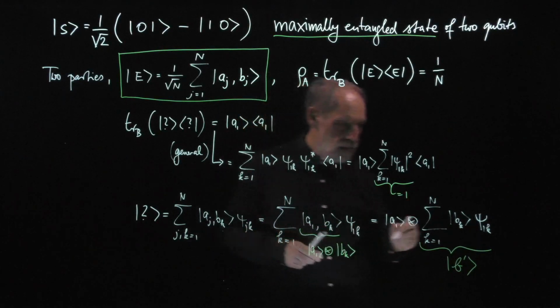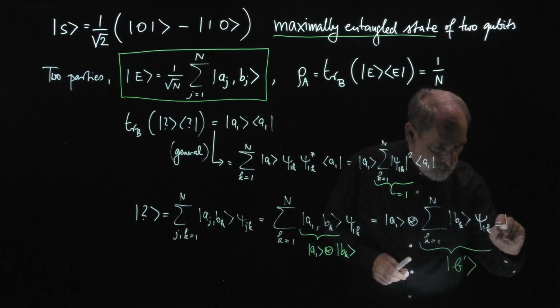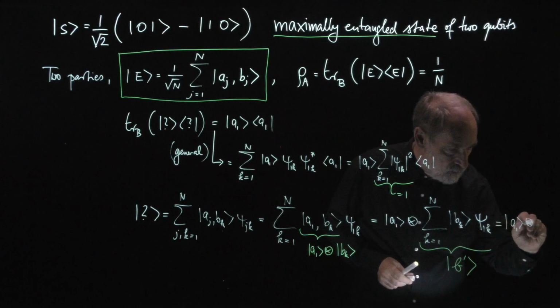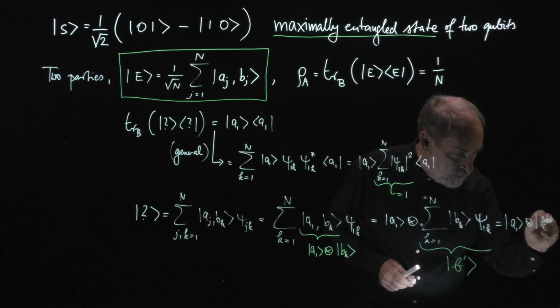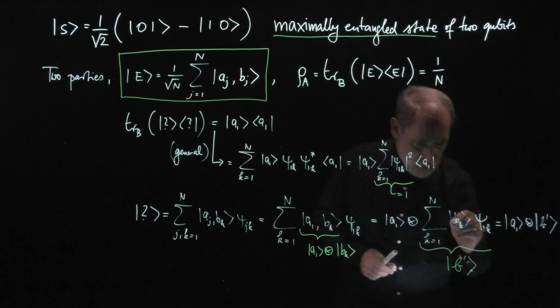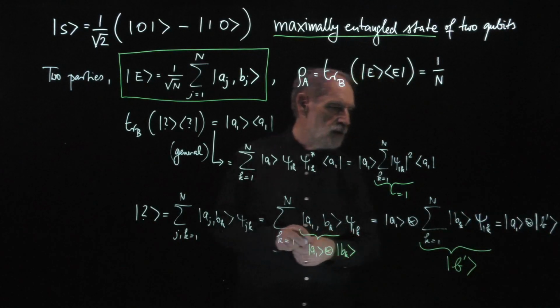So in the end, the question mark state turns out to be of the structure A1 tensor the B prime state. Whatever the B prime state is depends on these coefficients, but whatever they are, we have some linear combination of the B states.